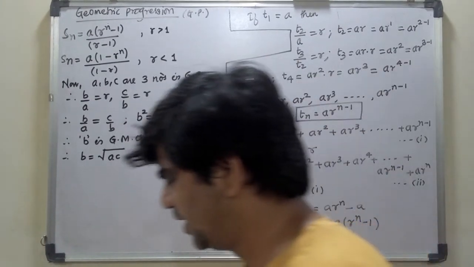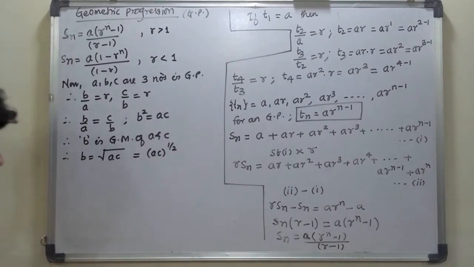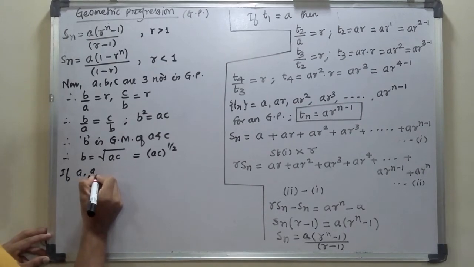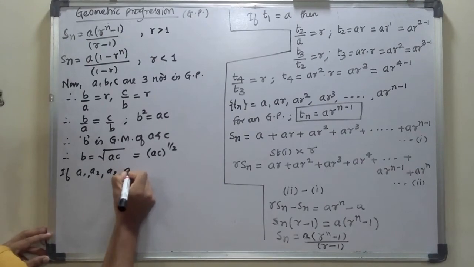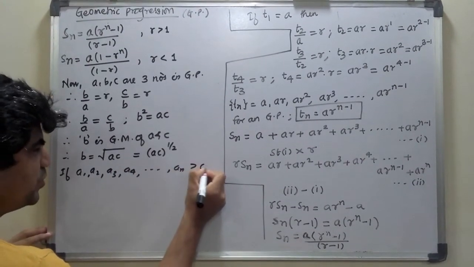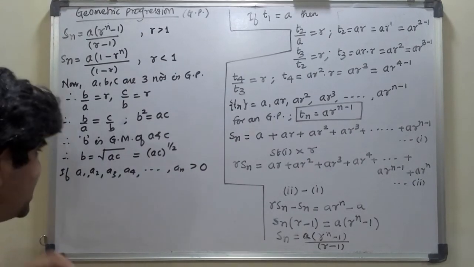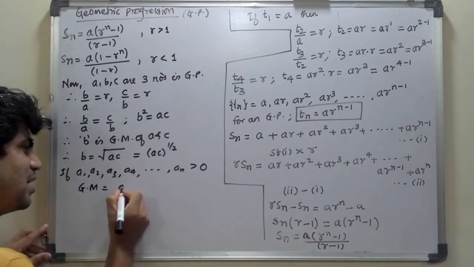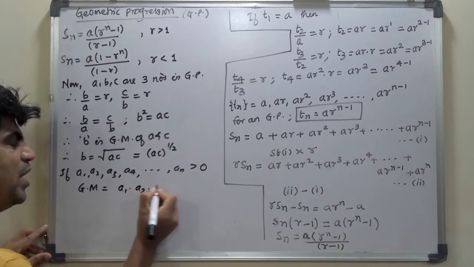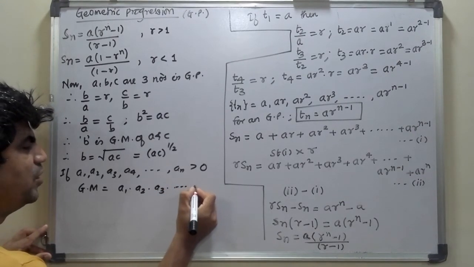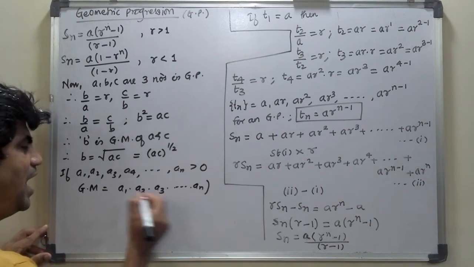Suppose a1, a2, a3, a4 and so on up to an are positive numbers, then the geometric mean will be a1 into a2 into a3 dot dot dot into an, raised to the root.